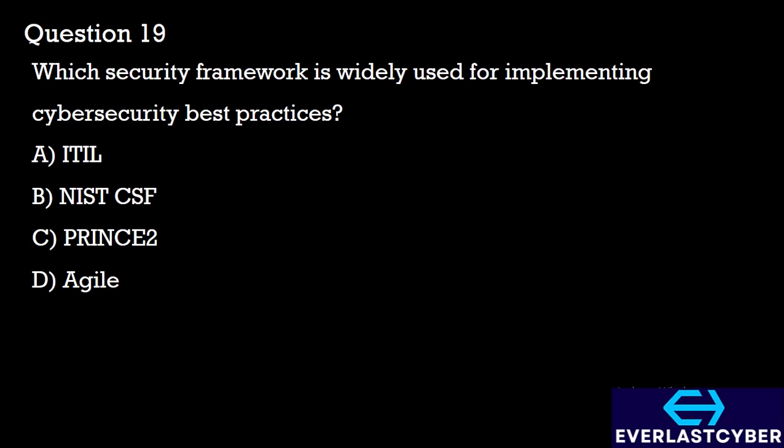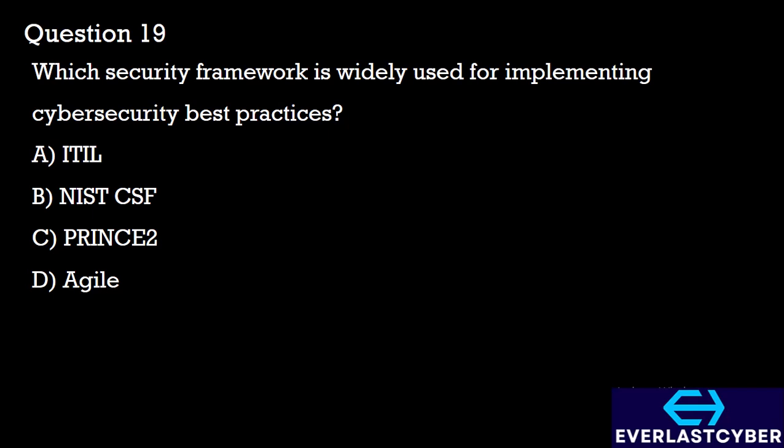improving cybersecurity risks. It helps organizations to identify, protect, detect, respond to, and recover from cyber incidents, thereby making it a comprehensive framework for implementing strong cybersecurity practices. Prince2, or Projects in Controlled Environments, is a project management methodology, so it doesn't really relate to a cybersecurity framework.